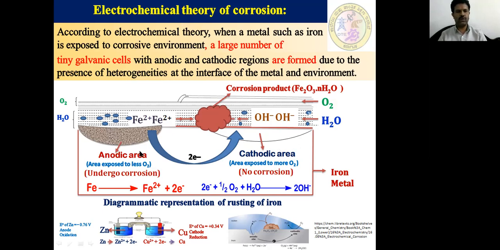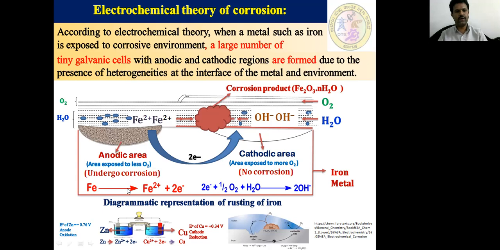Once this anodic area and cathodic area are formed on the metal, I have shown only one cell, but a large number of galvanic cells will be formed on the surface of the metal. So as we know, once it starts working as anode, oxidation of iron metal takes place.